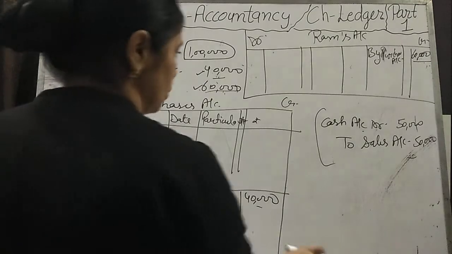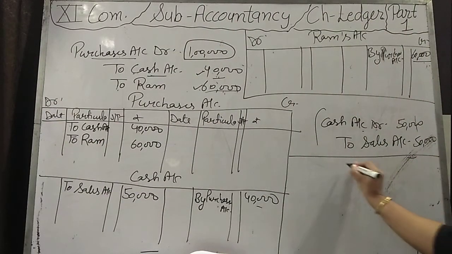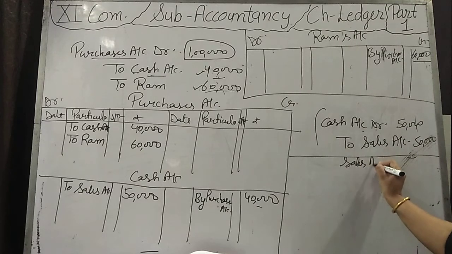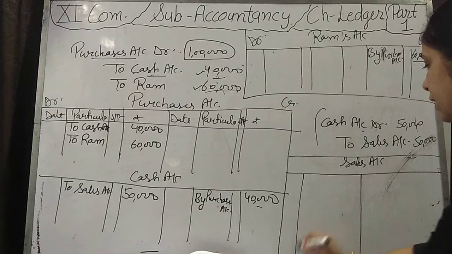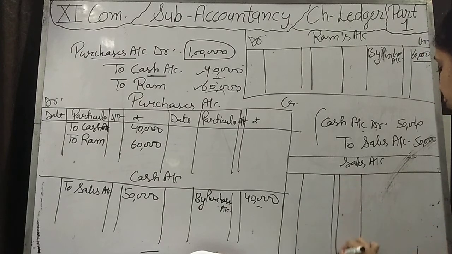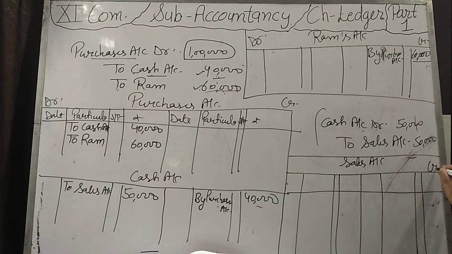Sales account we will open. Sales account. Same 8 columns we will make. Date, particular, journal folio, amount. Date, particular, journal folio, amount. Debit, credit.